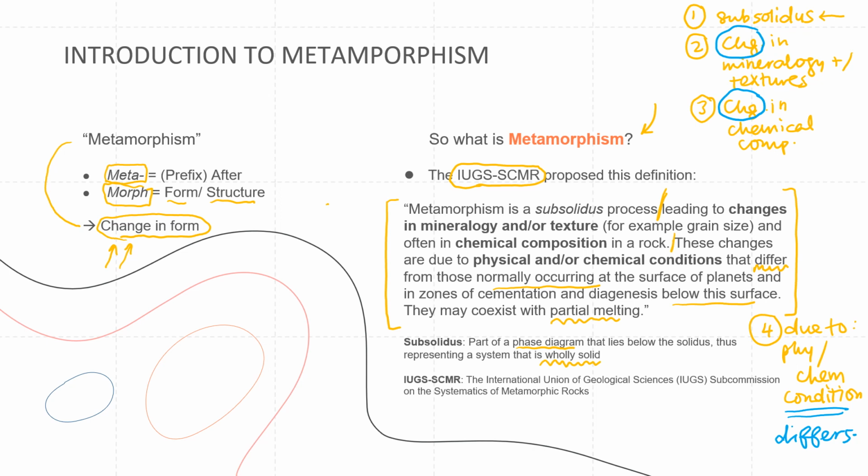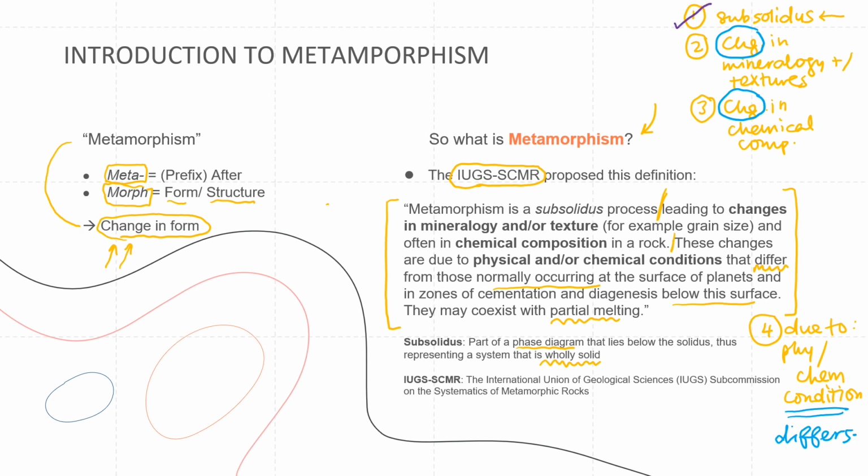So all of this will make more sense when we look at the phase diagram in the future slides. But just to recap this once again, the definition proposed by the IUGS basically says that it is a process happening in the subsolidus.